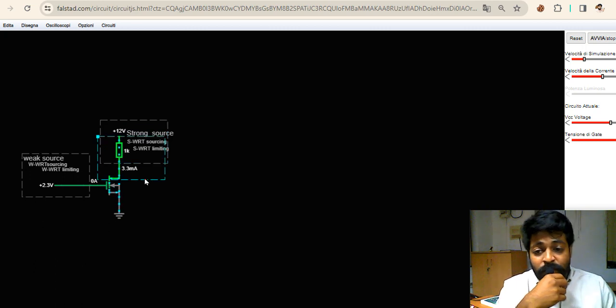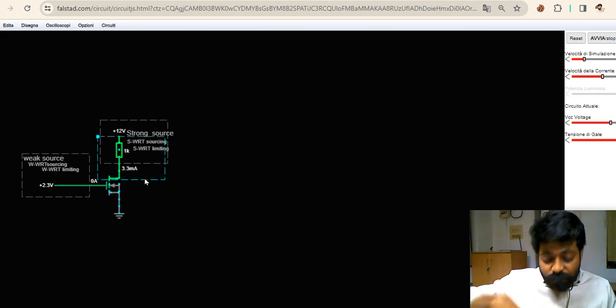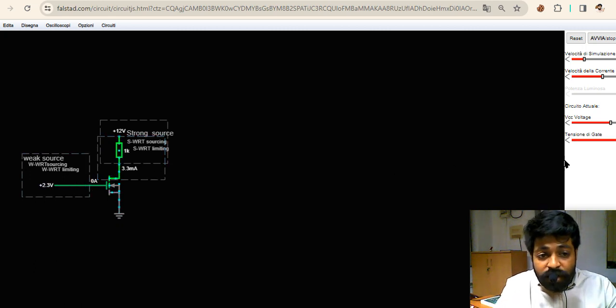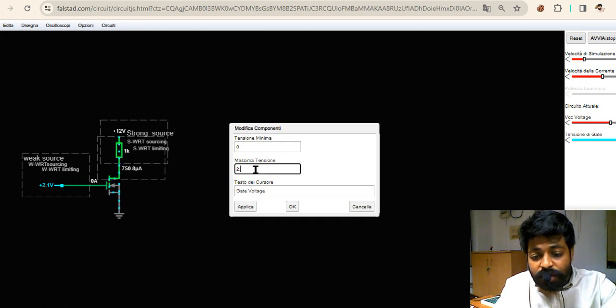So the basic property of the transistor is that it is a voltage controlled current device. That's what is verified. Now, the gate voltage over here, I will change it. Let's suppose I increase it, not to 2.2, but to 2.6.